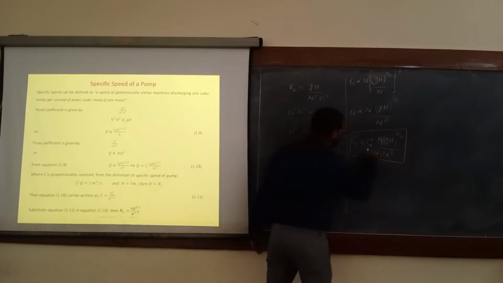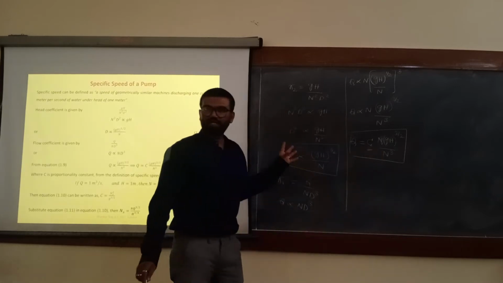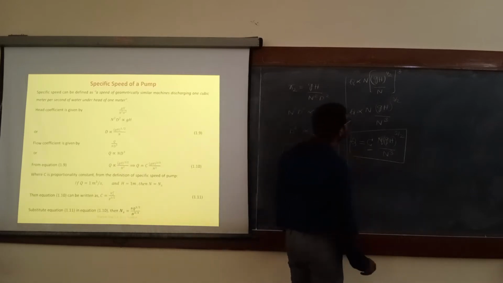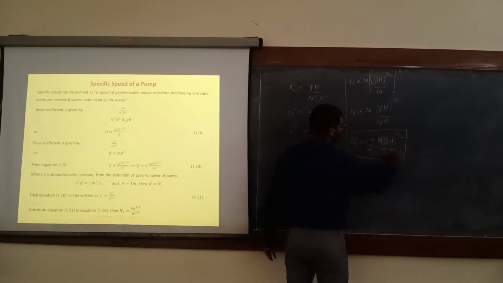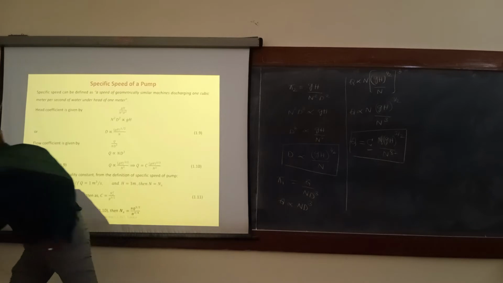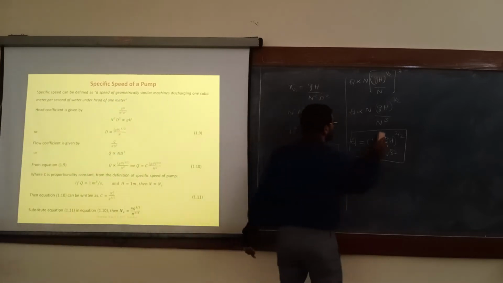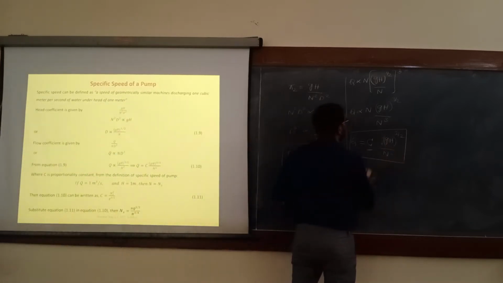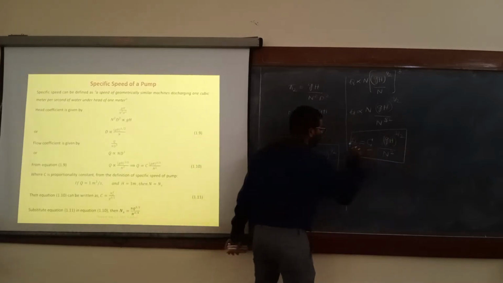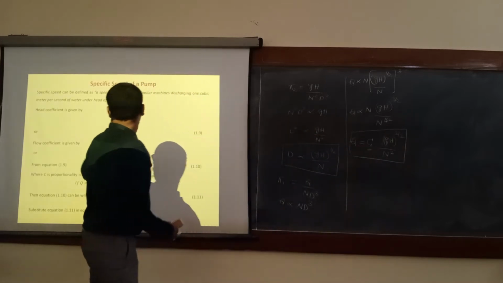Here we need to find the value of C, the proportionality constant. N will get cancelled, so we have N square. We need to get the value of C with the definition.